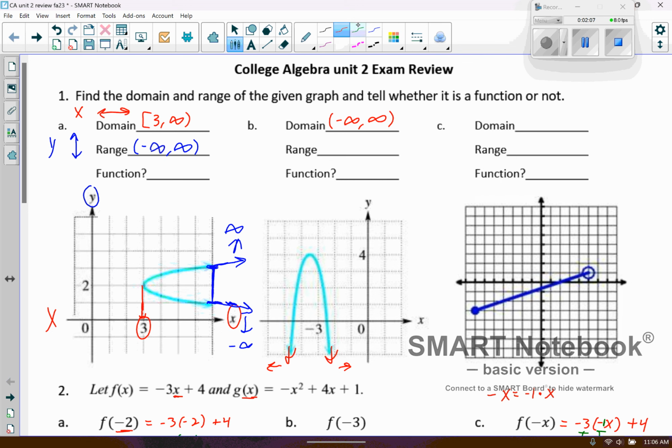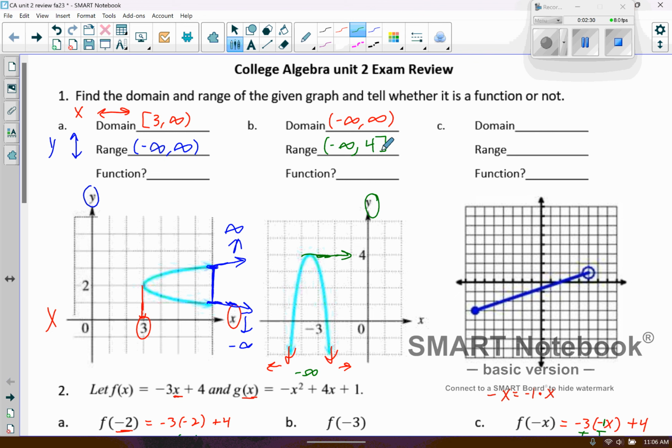And then for the range this time, we go down indefinitely, but we peak at 4. That's the highest we go in terms of our y values. Remember, range is y. So we have no bottom. It goes down indefinitely, but it only goes up to 4. And then we want to bracket that 4 in.